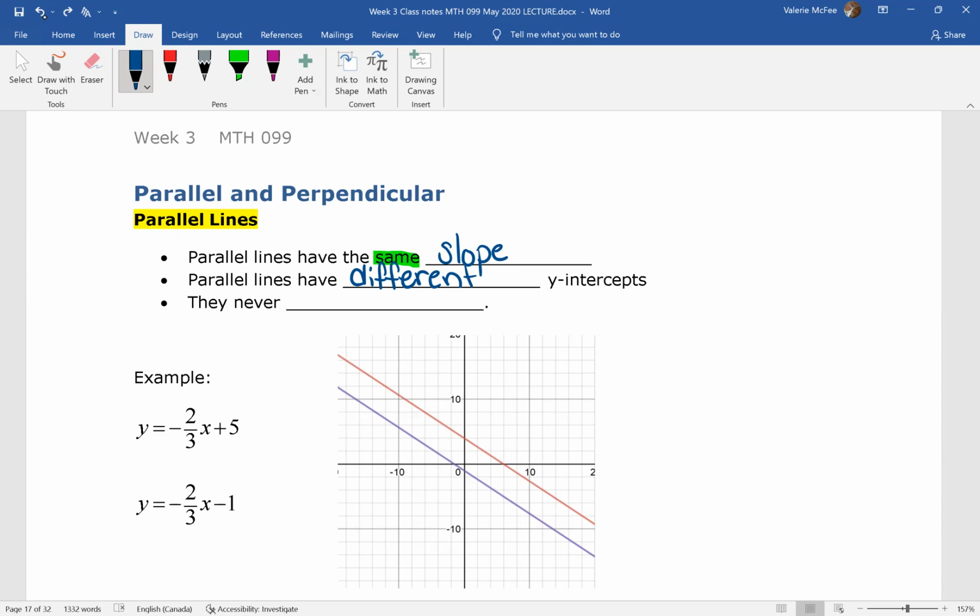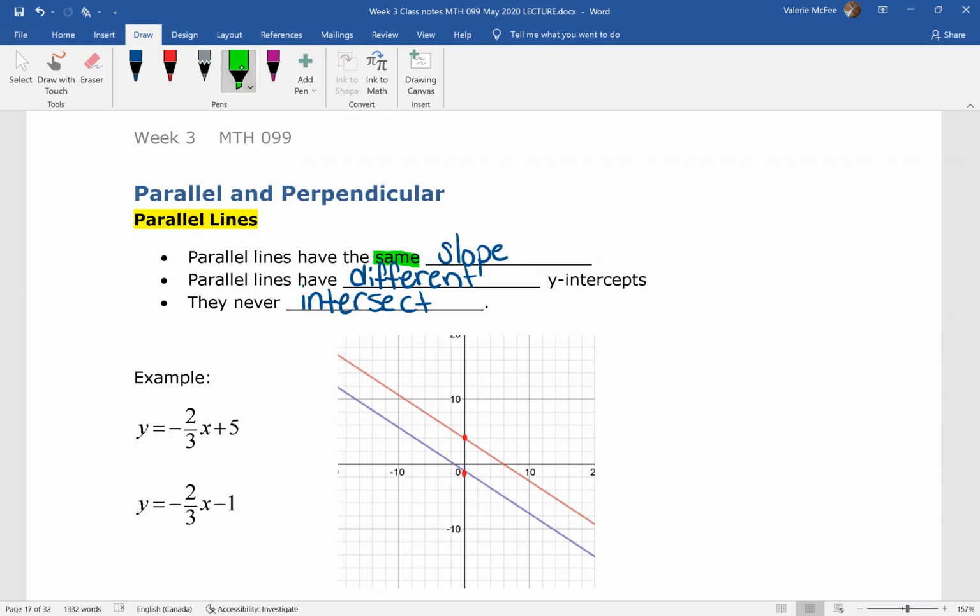They also never intersect each other. So if you look at this picture I have, you can see that these lines have the same slope. They have different y-intercepts. And you can see that they're never going to meet. They're never going to intersect each other.